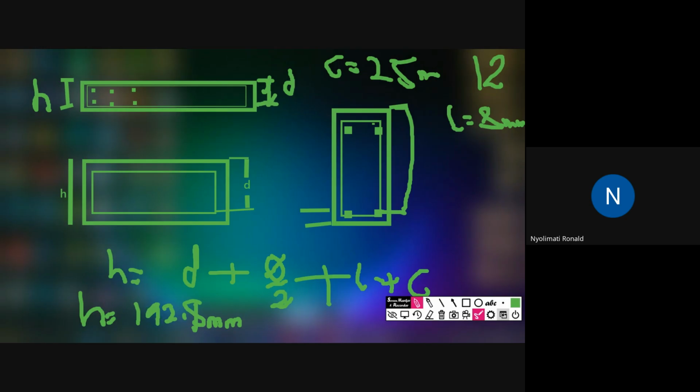But this 198 is just an odd figure, so just round off to 200 millimeters. Now, instead you will use the slab depth of 200. You understand? That is number one, for slab.